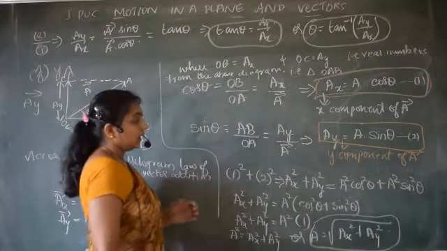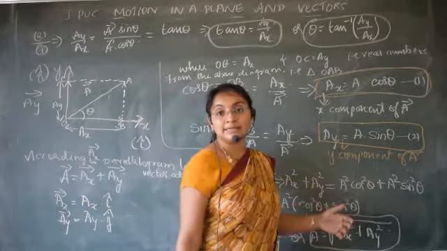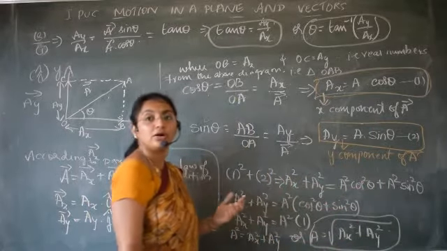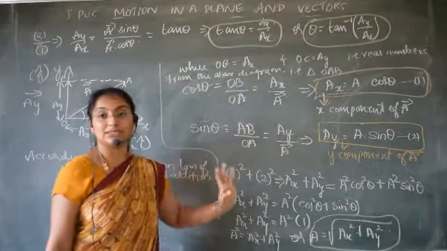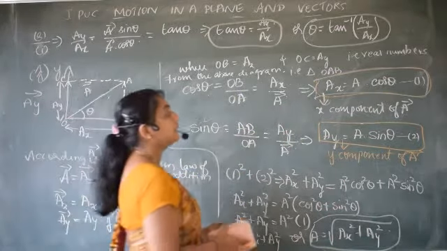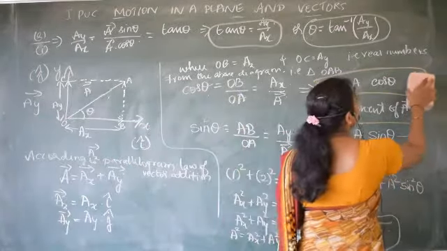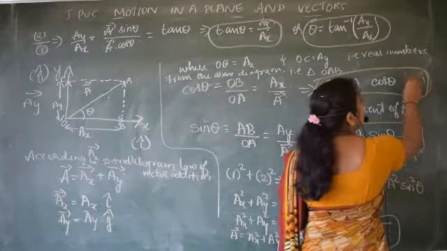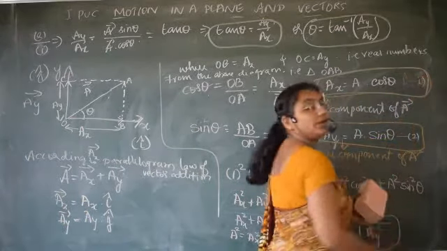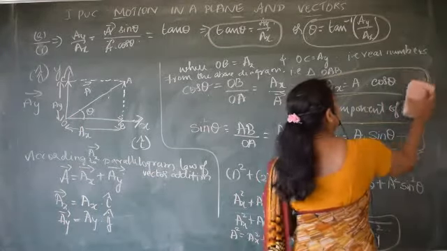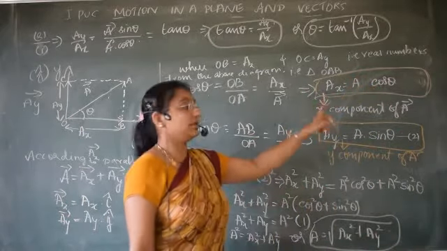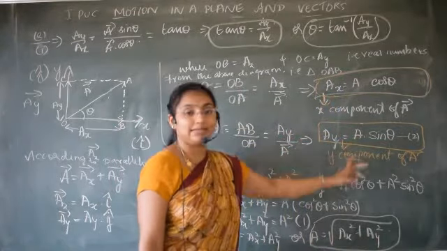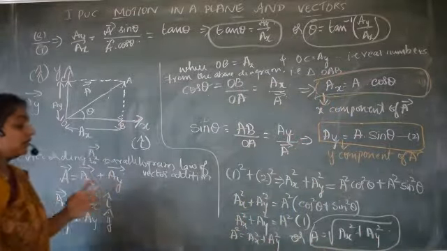Otherwise, in the next step, it will be difficult. So let us write here A cos theta, here A sin theta. In terms of vectors, if you want, we will put one i cap. You don't write so much, you may go wrong. Till here is enough. Don't write the vector, write only A cos theta, here A sin theta.